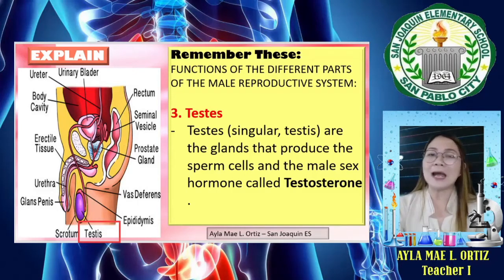So what happens to the excess testosterone in males? Okay, class, this will be their facial hair. So it causes deepening of their voice, well-developed muscle, and growth of the sexual organs.